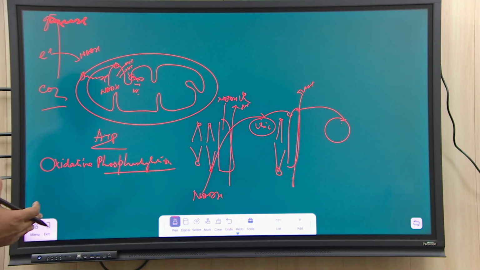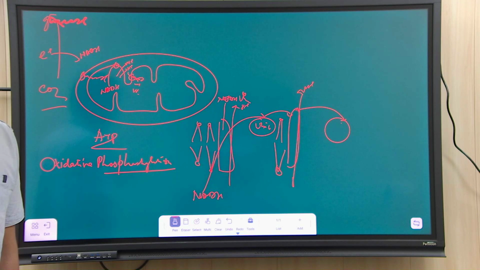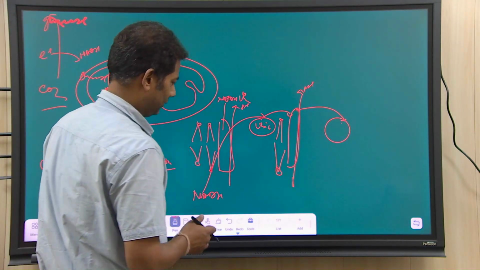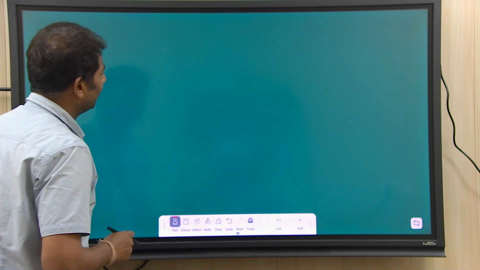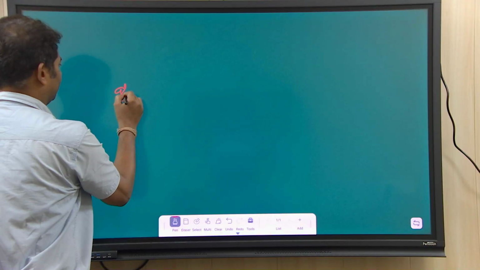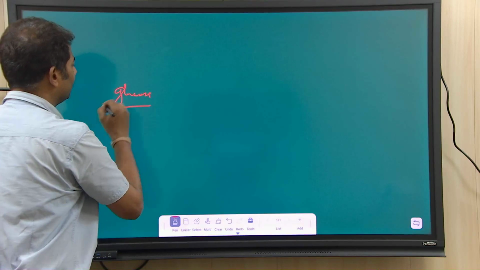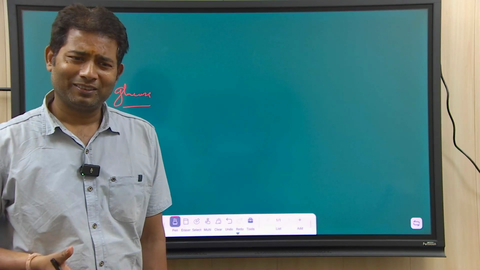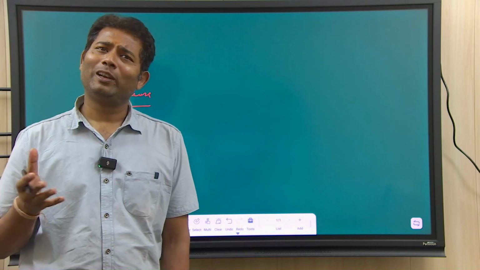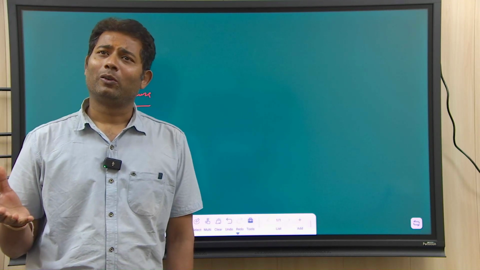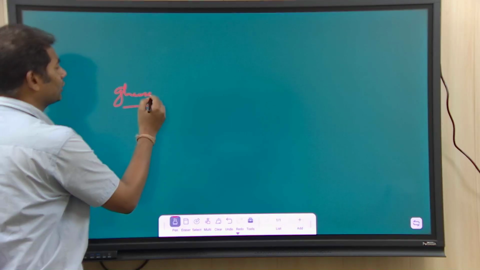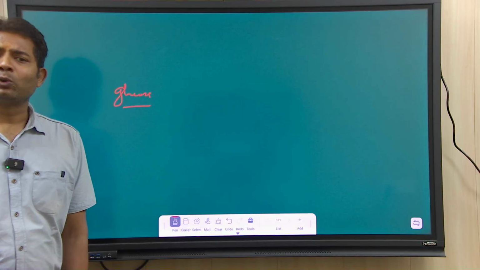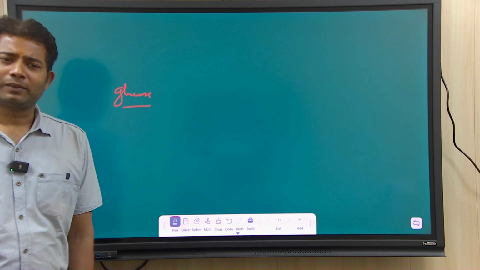So I'm explaining with a simple example. Glucose. We know it is an energy molecule, but the energy cannot be created outside a cell. The energy can be created only inside a cell. How? Because glucose cannot disintegrate by its own and we cannot generate energy.